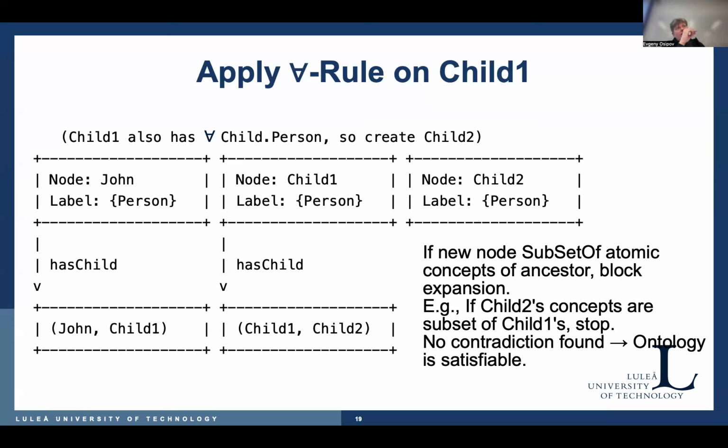We are checking starting from the fact that he is a person, and according to this rule, he as a person has a child. If there should be another relation to another person, we don't have this assertion. So this rule allows us to generate descendants, like children. This one is a grandchild, and so on and so forth.